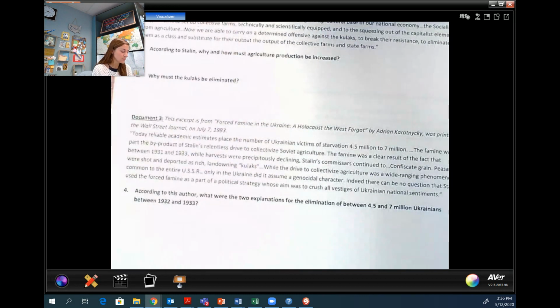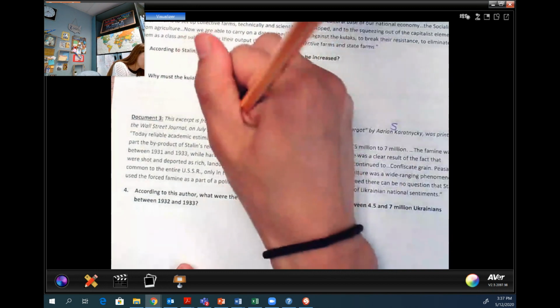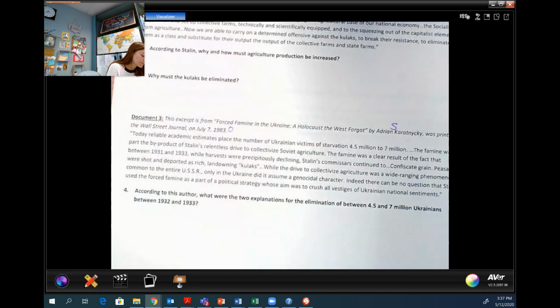Okay. So this excerpt from Forced Famine in the Ukraine, a Holocaust the West Forgot by Adrian, this guy right here is the speaker, was printed in the Wall Street Journal on July 7th, 1983. So there's my occasion.